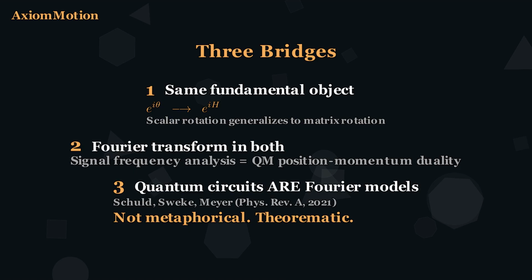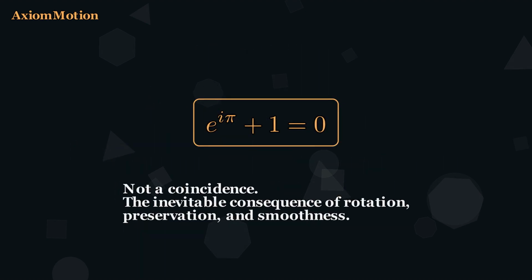Schuld, Sweek, and Meyer proved this in 2021. This convergence is not metaphorical, it is theorematic. e to the i pi plus 1 equals 0 is not a coincidence. It is the inevitable consequence of how rotation, preservation, and smoothness constrain mathematics. And that is why it appears at the heart of both artificial intelligence and quantum mechanics.